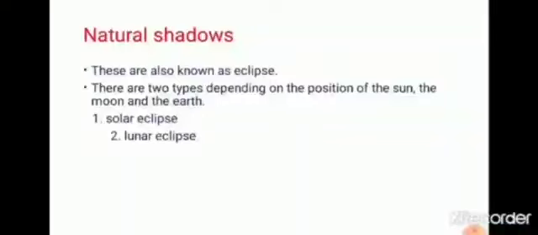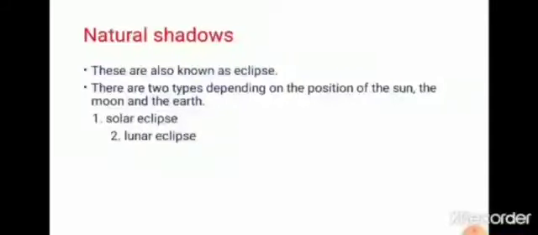In a solar eclipse, the moon casts its shadow on earth. As the moon is much smaller than the earth, it casts only a part of its shadow on a limited region on earth. When this happens, either a part or the whole of the sun is not visible on those regions of the earth.